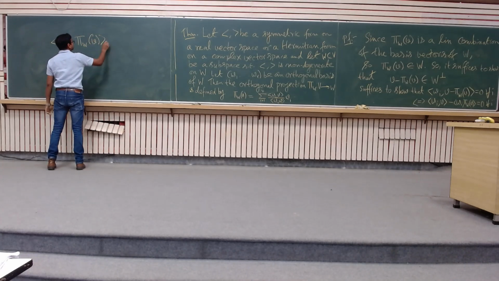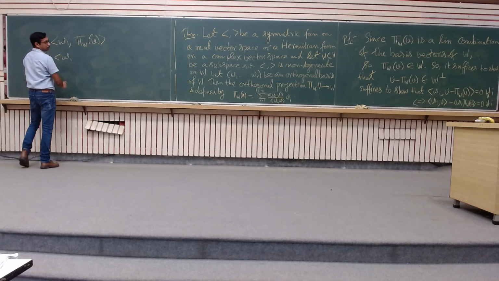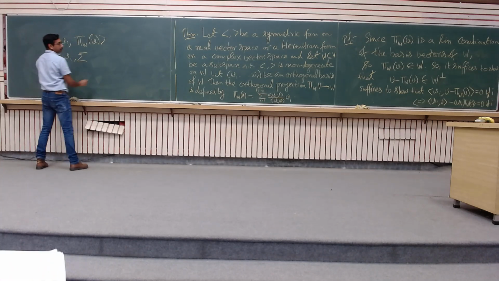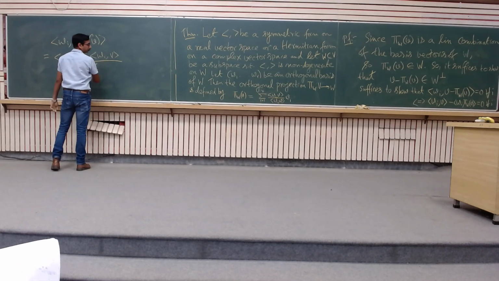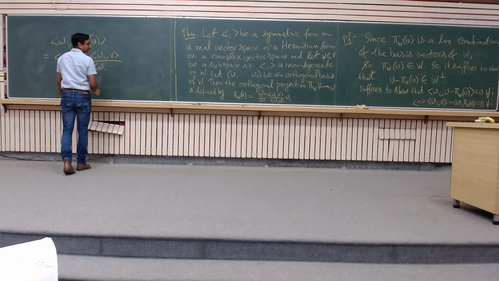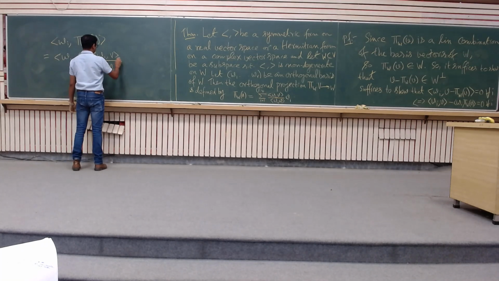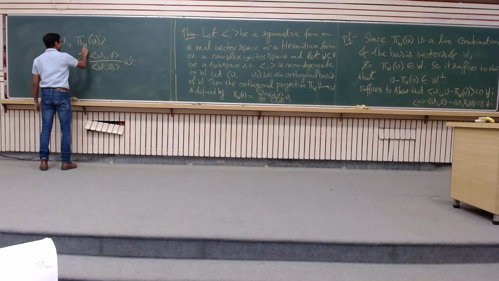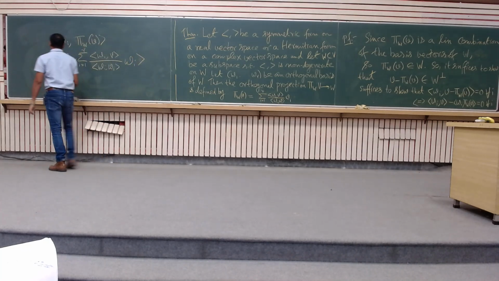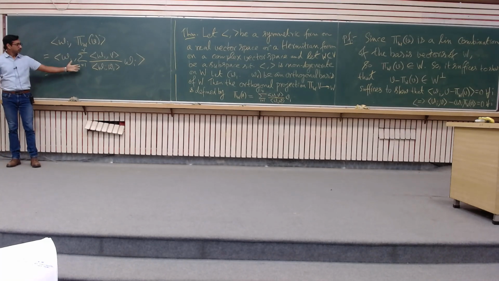Pi_W(v). Let's compute this. So the form of wi with the sum over j running from 1 to r of the form of wj with v times wj. This is a sum, and it's linear in the second variable, right?